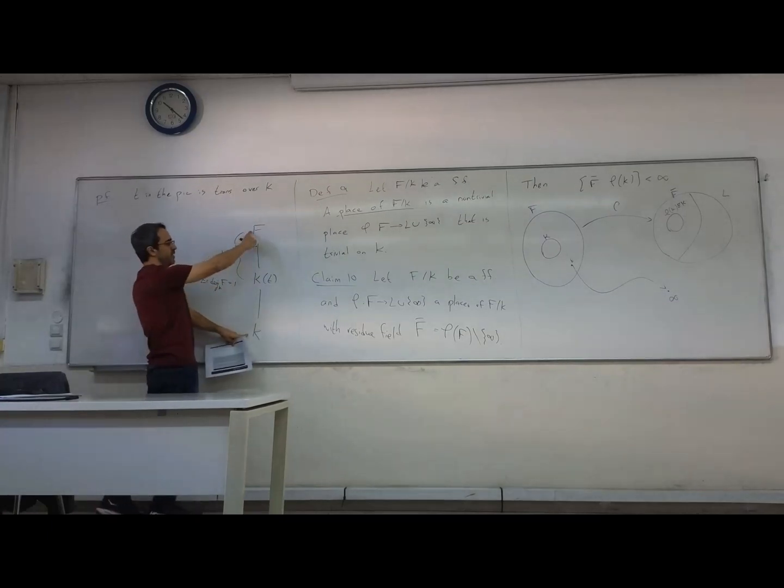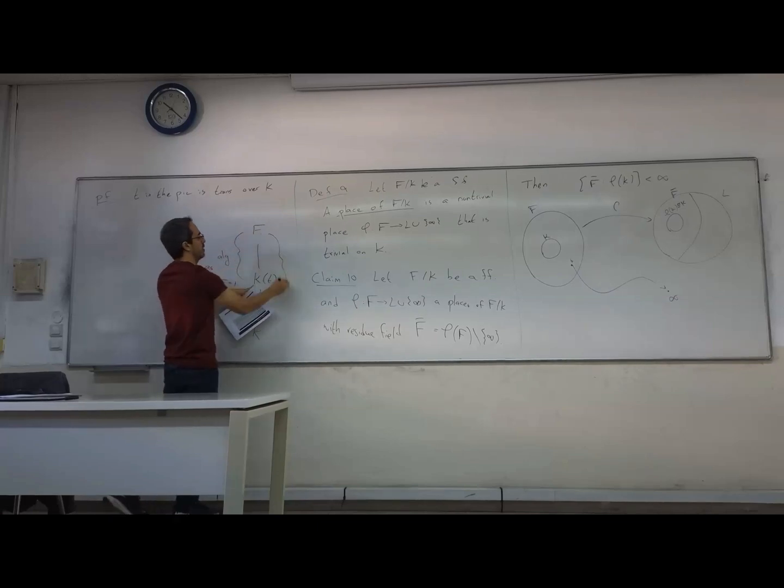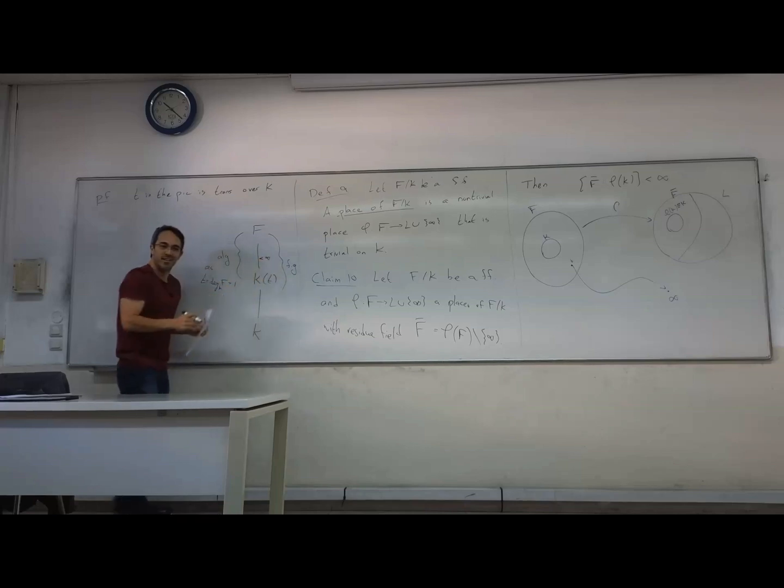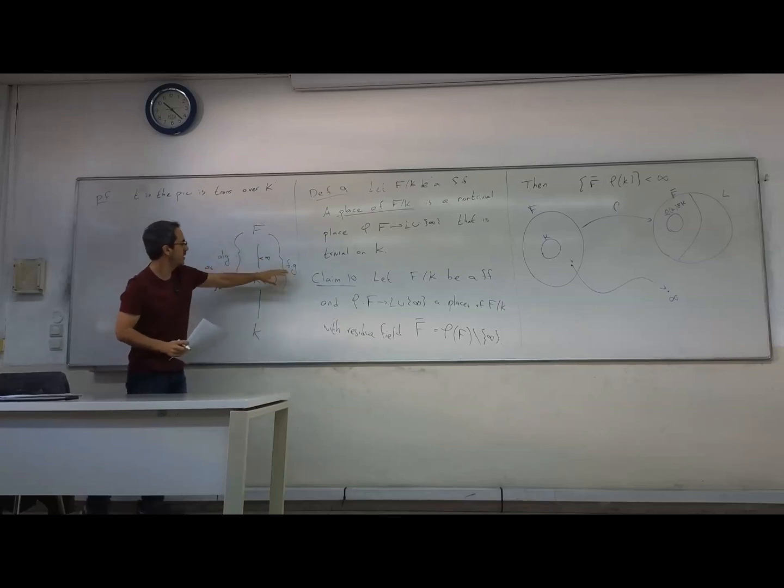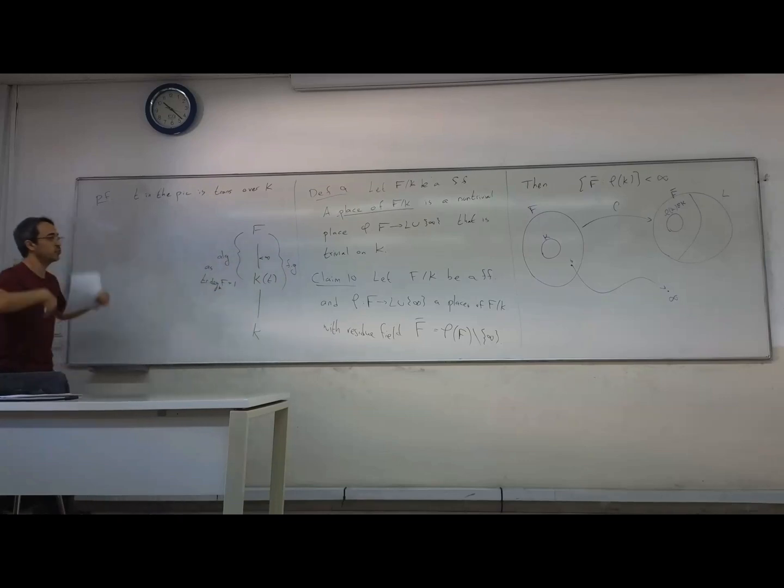So we know that this is finitely generated, therefore easily this is finitely generated. We actually used that argument before. And so this is an algebraic extension which is finitely generated. And so what is it? Right, it's finite. An algebraic extension and a finitely generated extension together imply finiteness.